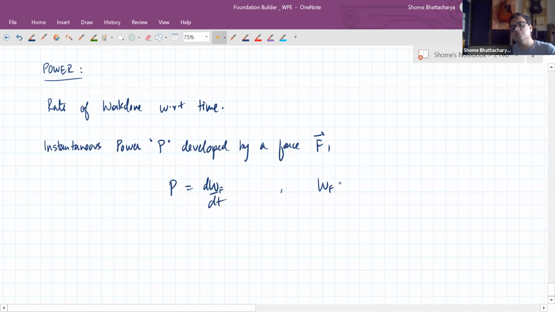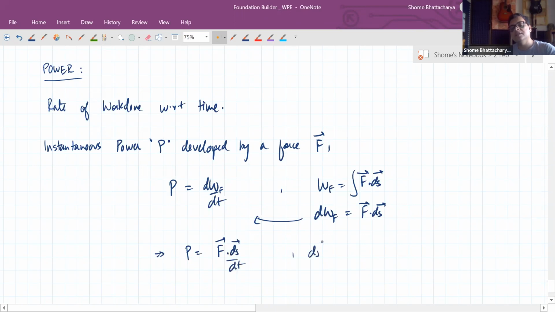Now we know that work done by the force in general is integration of F dot ds. So in differential time dt, the small work done is this. So we can substitute this here and we can say that the instantaneous power is F dot ds by dt. And we know that ds by dt becomes the instantaneous velocity.